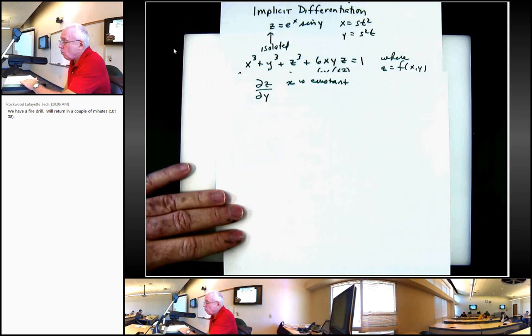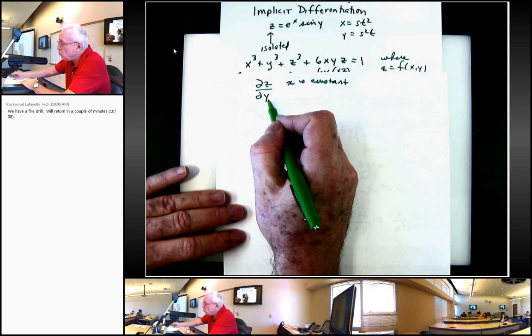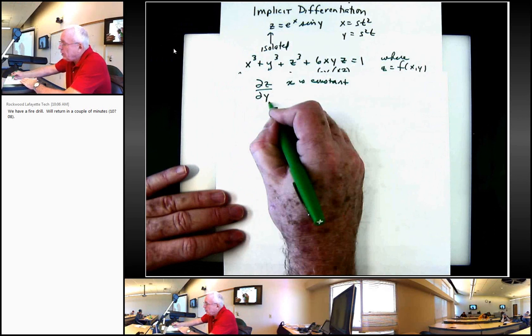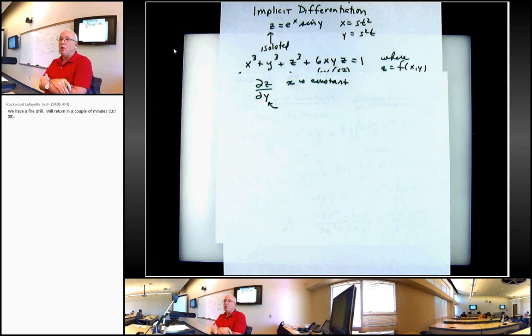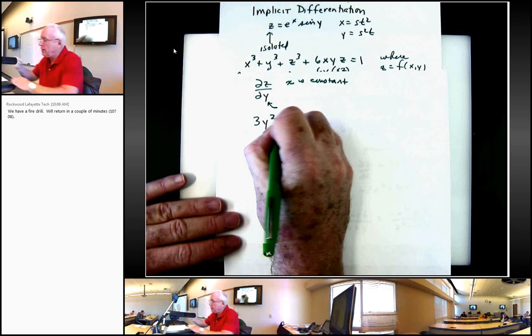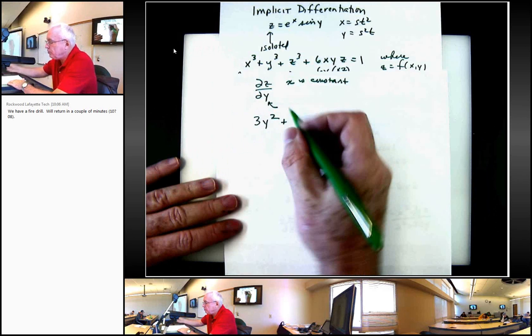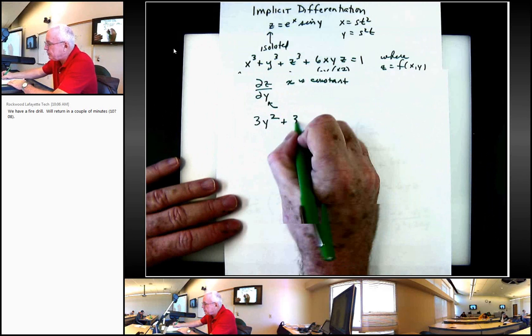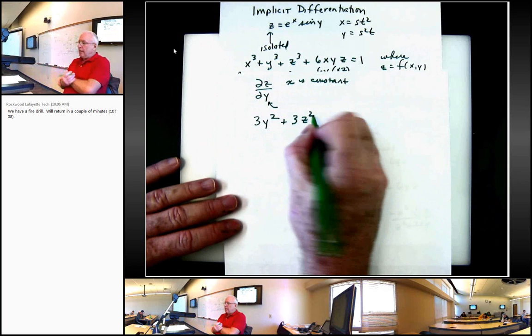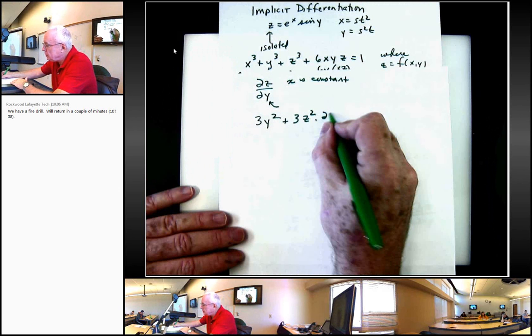Then we go to our y to the third, and we're doing the derivative with respect to y, so that just becomes 3y squared. Okay. And now it's time to do the chain rule again with the z to the third. We do the derivative, get 3z squared, and then finish it with the chain rule with dz dy.